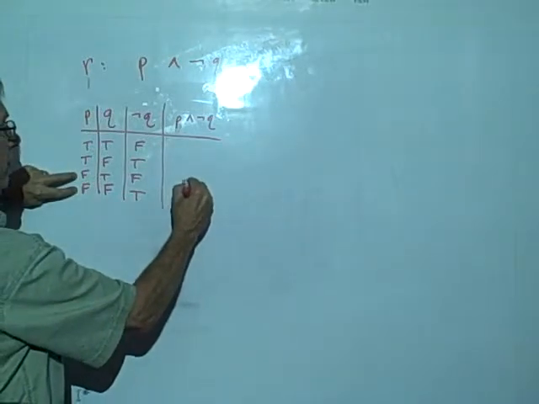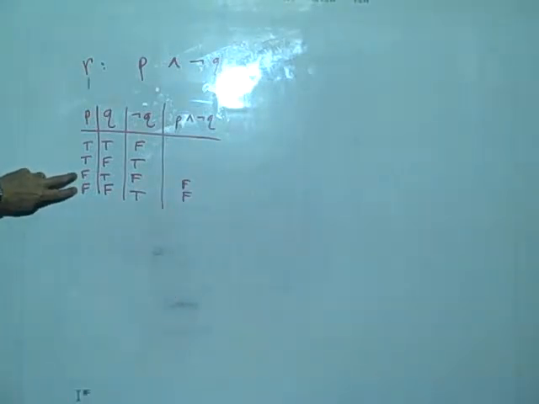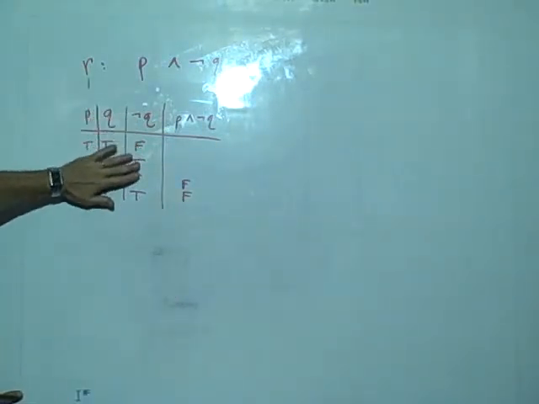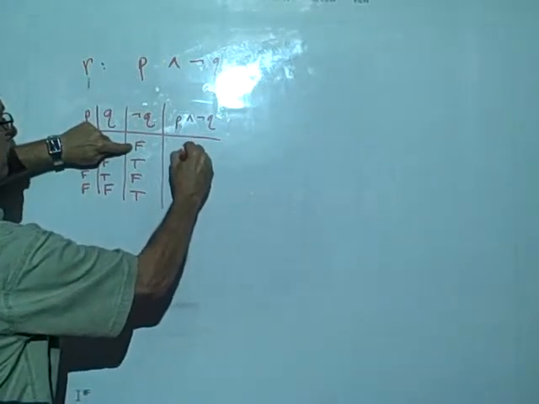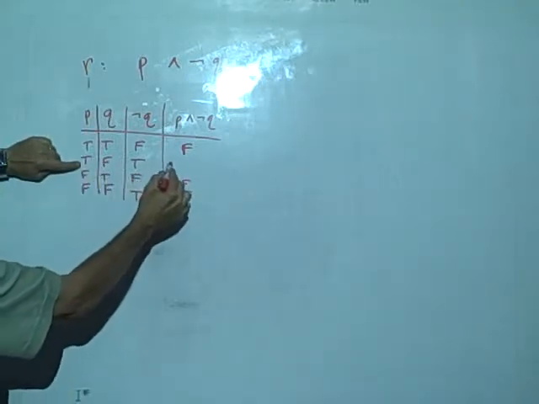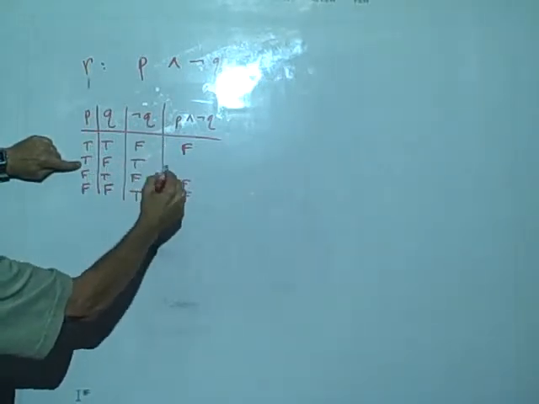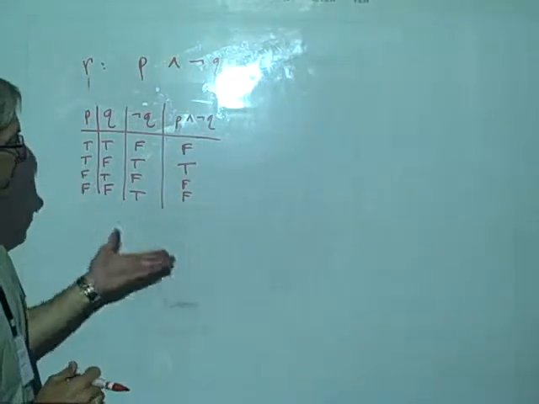So I know those two will result in the conjunction being false. Okay, now let's look at this column. Anywhere this is false, I get a false. So I get this one. But that one's true, so I'm going to leave it alone. On that line, P and not Q are both true. That'll be the only line where the conjunction P and not Q is true.